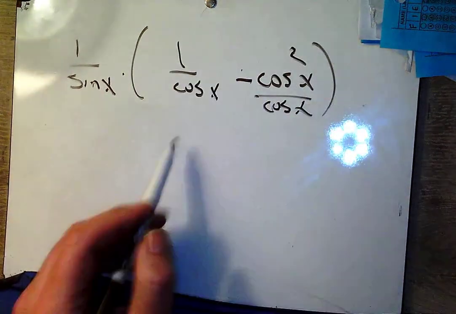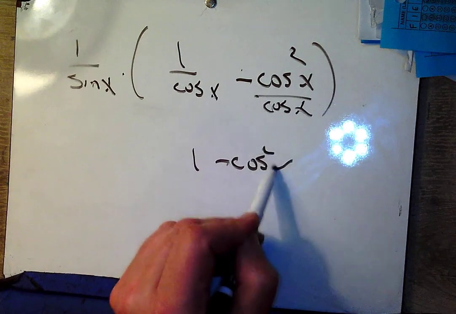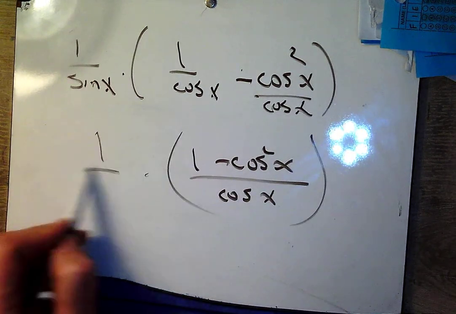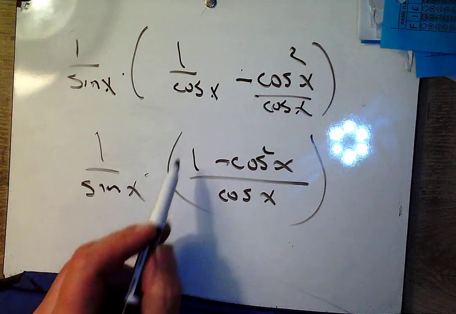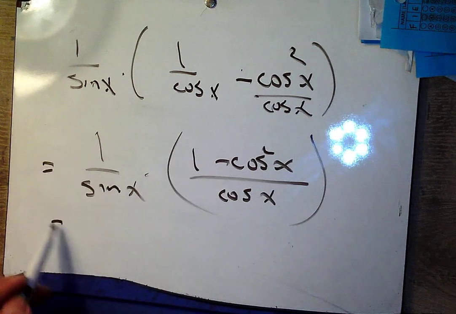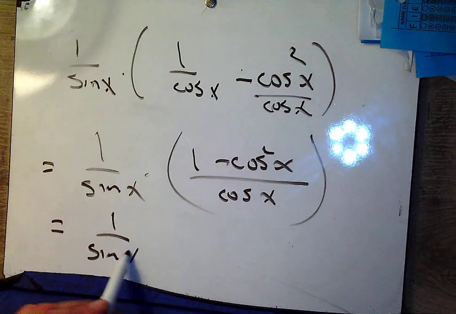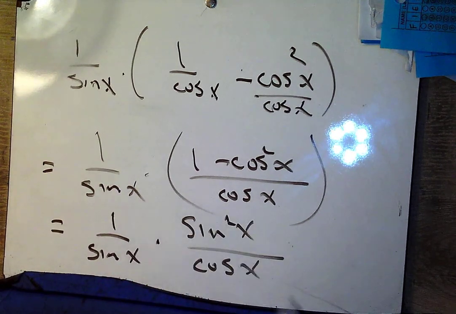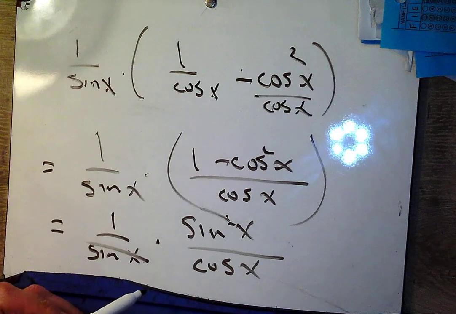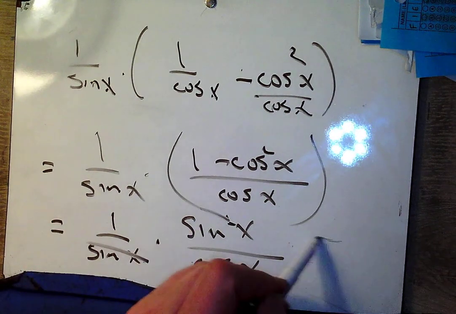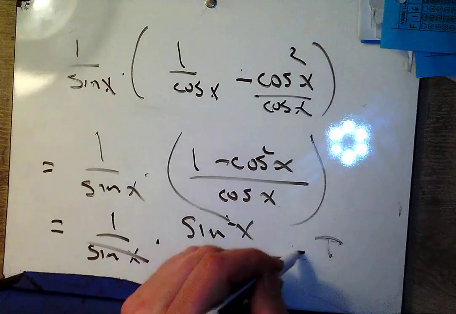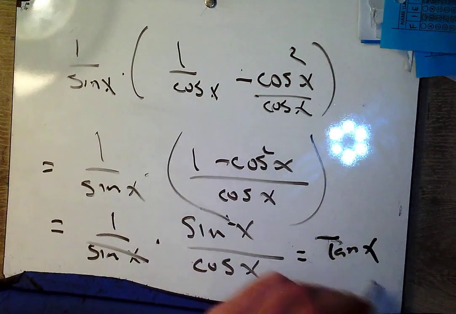Because now I see on top 1 minus cosine squared over cosine times 1 over sine. What is 1 minus cosine squared? That's right, it's sine squared. So I can cancel that and that. And now I've got sine over cosine. And sine over cosine is tangent. Okay?